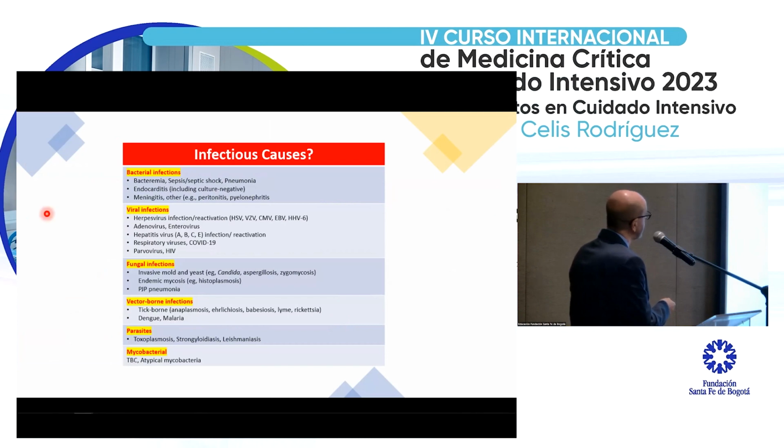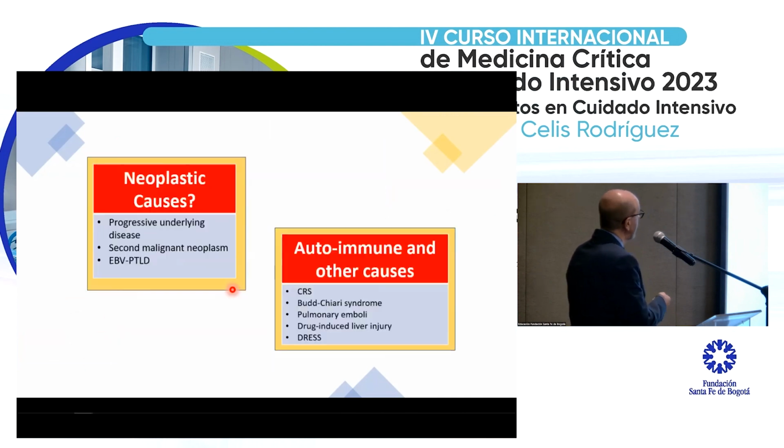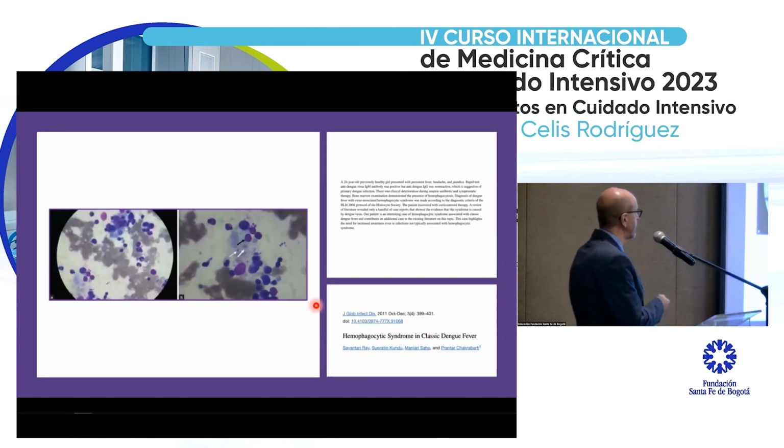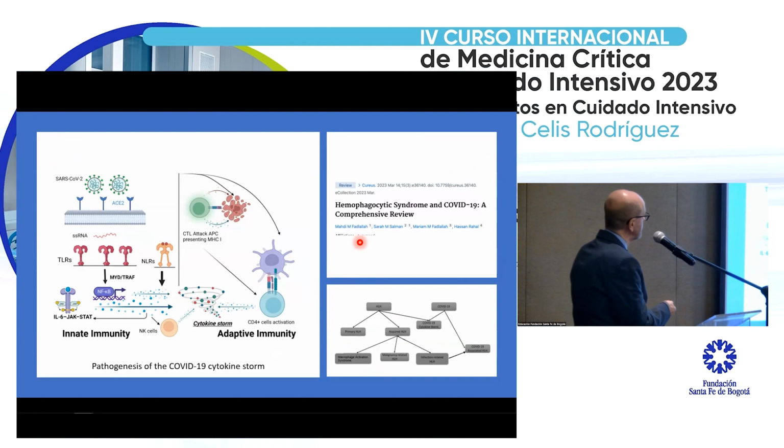Infectious causes could be triggers for the disease: bacterial infections, viral, fungal, vector-borne infections, parasites, mycobacterial, neoplasias, as mentioned before, even Epstein-Barr virus associated malignancies, or autoimmune cases, etc. This has been reported in dengue, and in COVID, as I mentioned before.